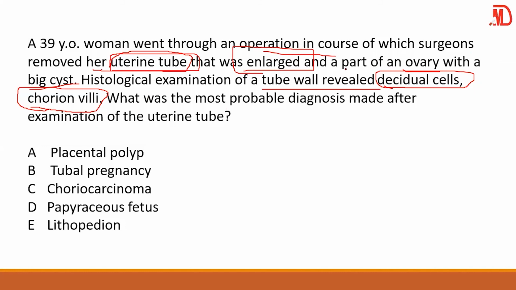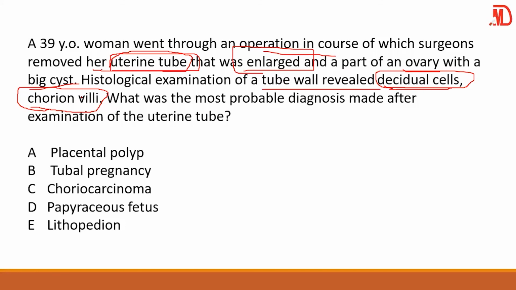So what could happen is that there could be, and now look at it again. They are saying in the histology, in the tube, we have decidual cells. Now, decidual cells in the cranium valley are remnants for implantation.